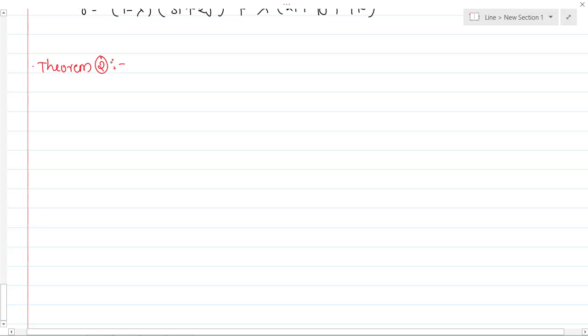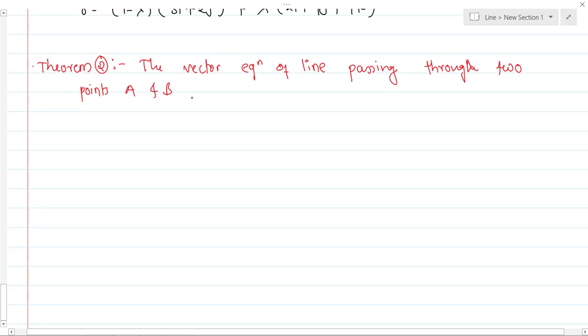Theorem number 2. The vector equation of line passing through 2 points A and B is r bar is equals to (1 minus lambda) a bar plus lambda b bar, where lambda is a parameter or the scalar quantity we can say.